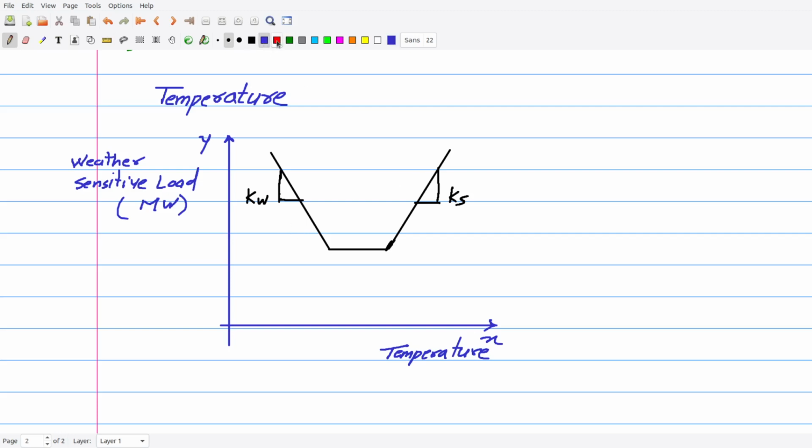I will just change color. I will use this color now and I will draw some points here and I will tell you what this is. It's not visible clearly. I want something dark. Yes, this is okay.